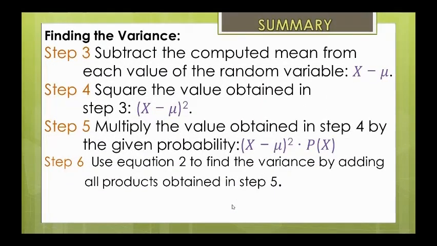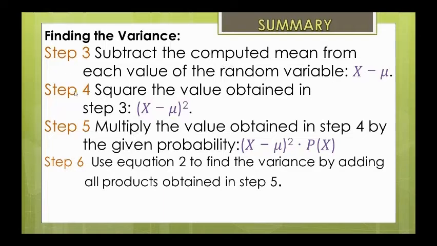Now, finding the variance. Step 3, subtract the computed mean from each value of the random variable. So, yung each random variable minus the value of the mean. So, yun ang sa fourth column natin.